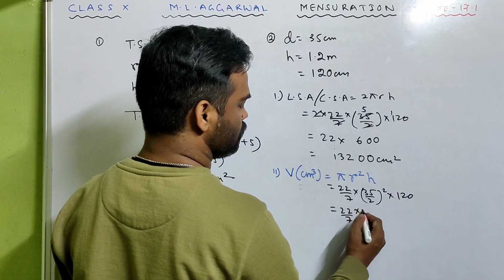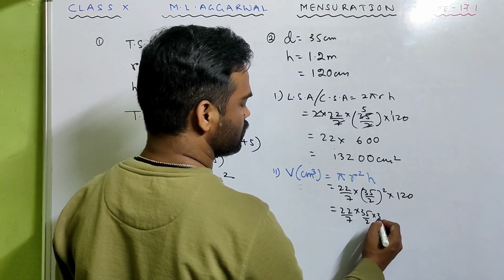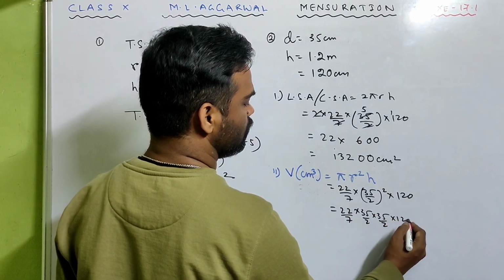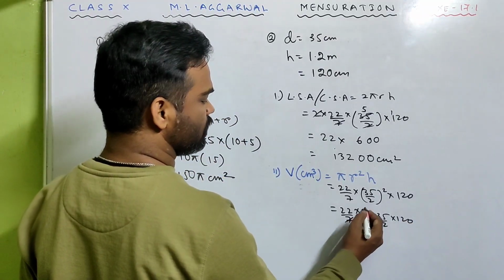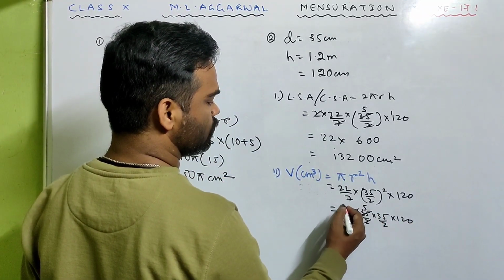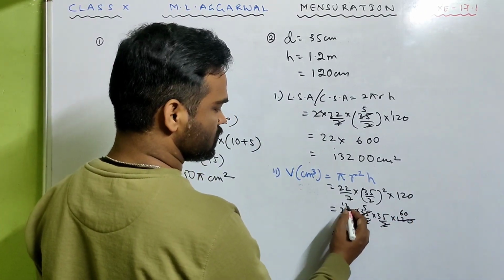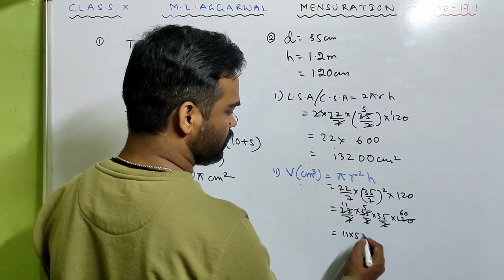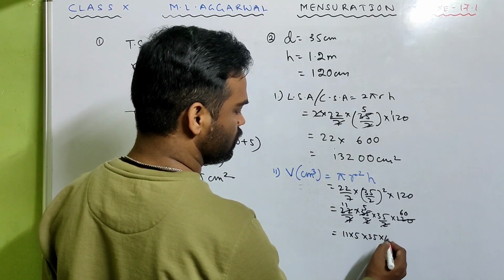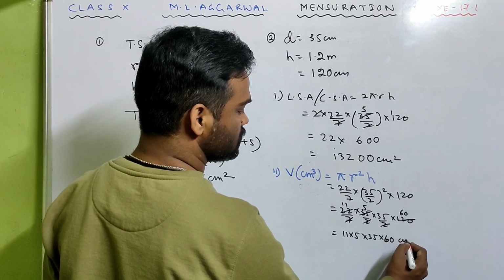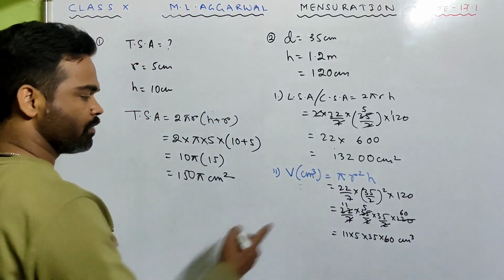22 by 7 into 35 by 2 into 35 by 2 into 120. 7 ones are 7, 7 fives are 35, 2 ones are 2, 2 elevens are 22, 2 ones are 2, 2 sixties are 120. So this is 11 into 5 into 35 into 60 centimeter cube.